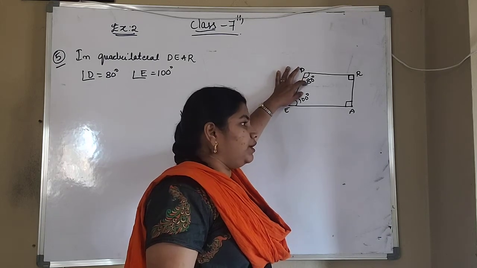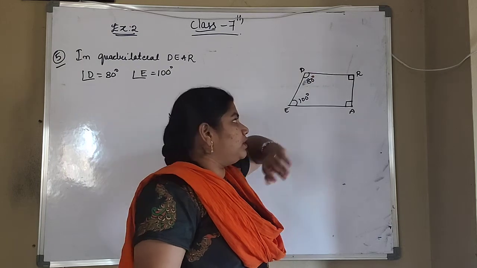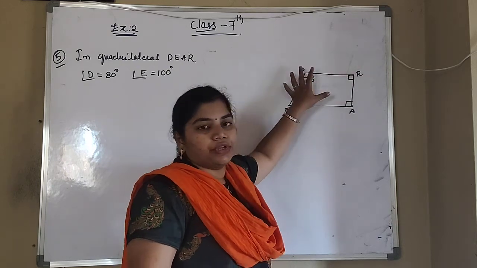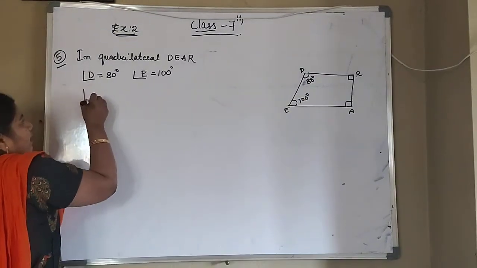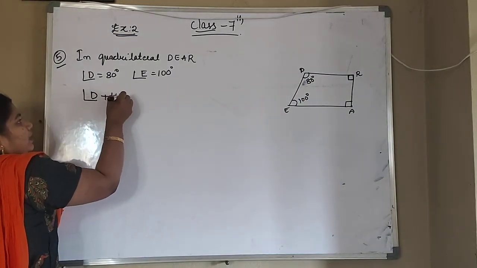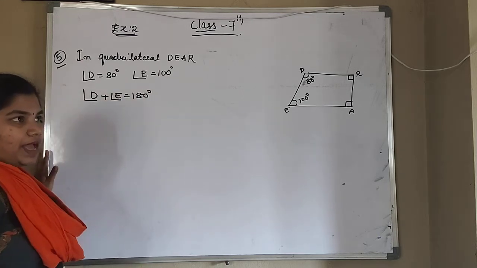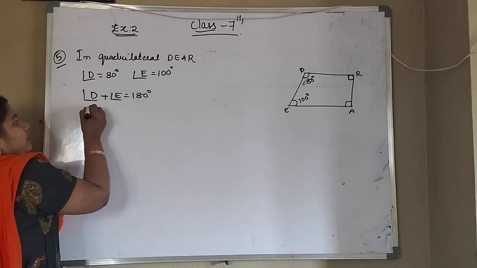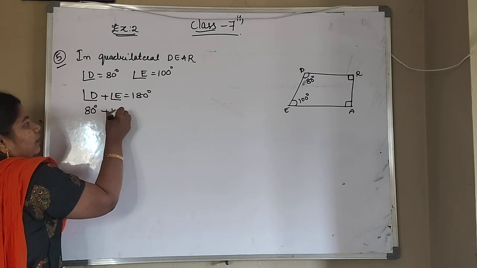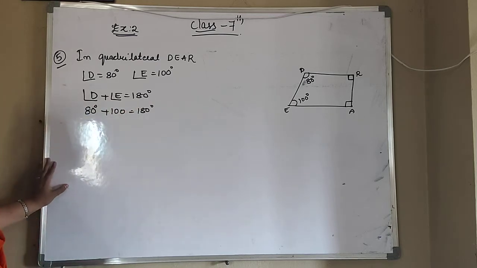If these two add up to 180, the remaining two will also add up to 180 degrees, because the total of the interior angles of a quadrilateral is 360 degrees. So we can write angle D plus angle E equals 180 degrees, that is, 80 plus 100 equals 180.